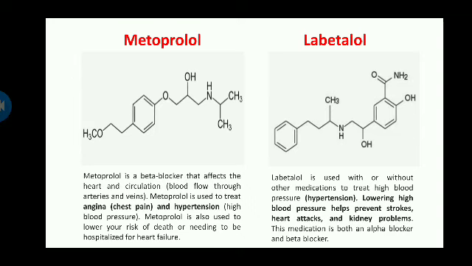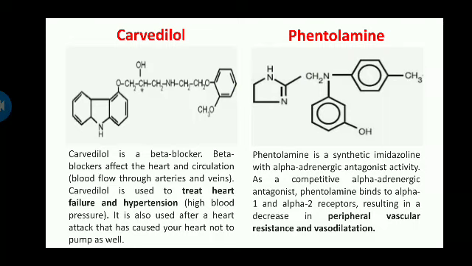By lowering blood pressure, it prevents stroke, heart attack, and kidney problems. It comes under alpha blockers and beta blockers. Next one is carvedilol. This also comes under beta blockers. It is used to treat cardiac failure, that means heart failure, and hypertension. It is mainly used when your heart does not pump as well as it should.